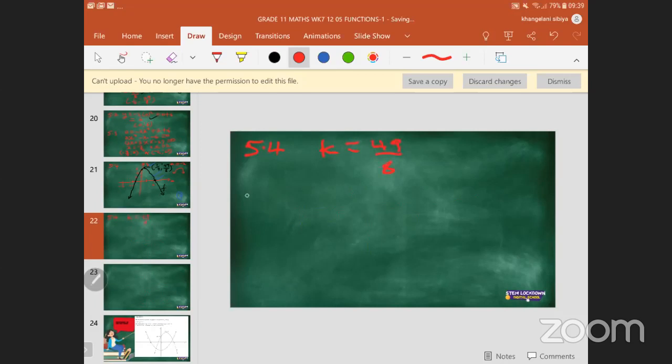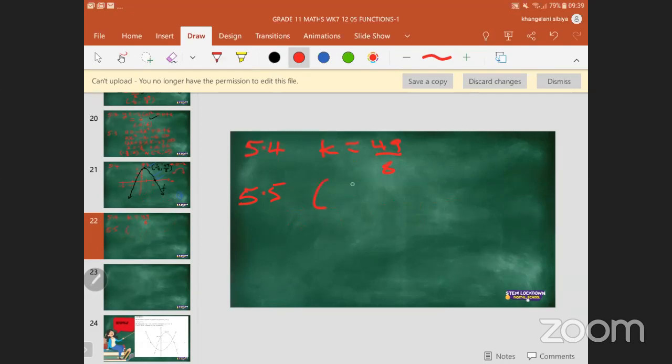So this one obviously should be k equal to 49/8. Now the last question, they are saying the graph is shifted 2 units to the left and 1 unit up.